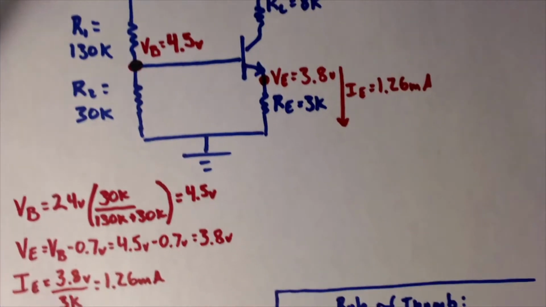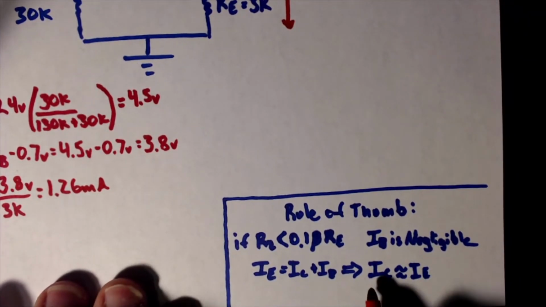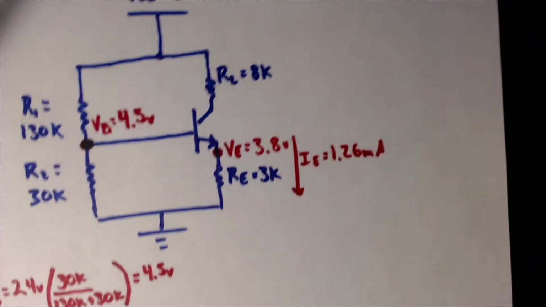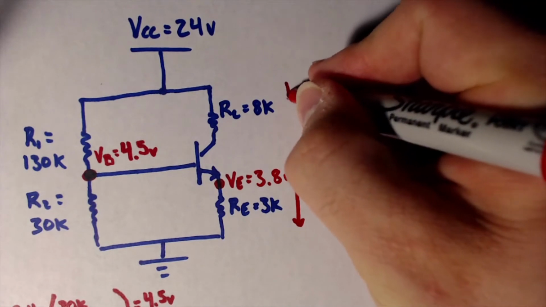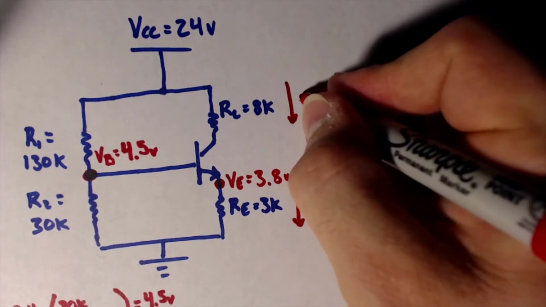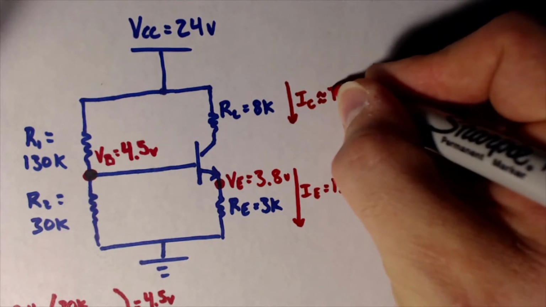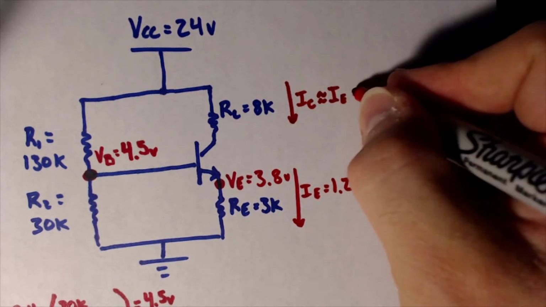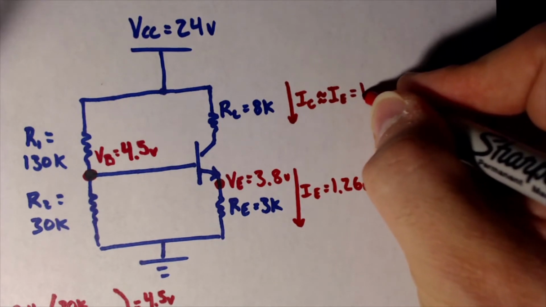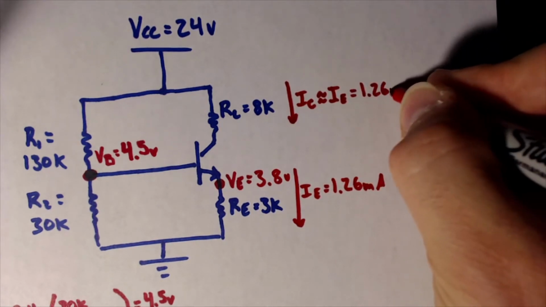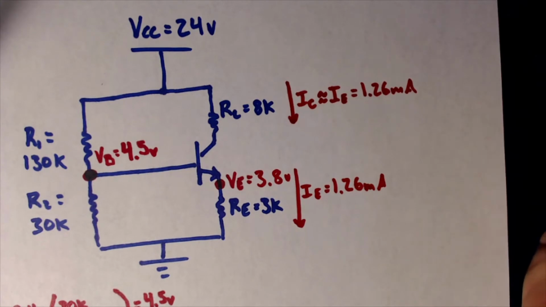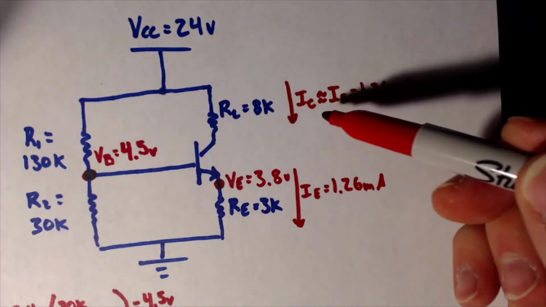Now remember the approximation technique: we're saying IC is approximately equal to IE, and we just found IE. So I can say IC, which is approximately equal to I sub E, is equal to 1.26 milliamps. Now that easily gets us to the collector current.